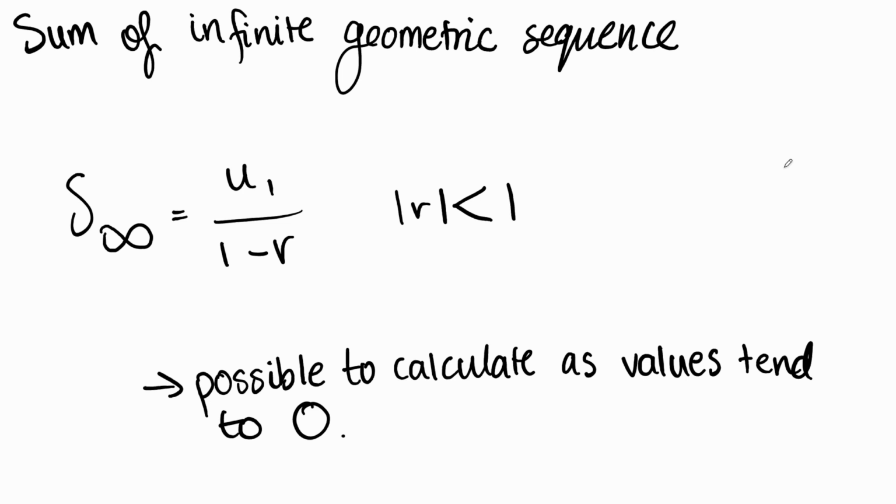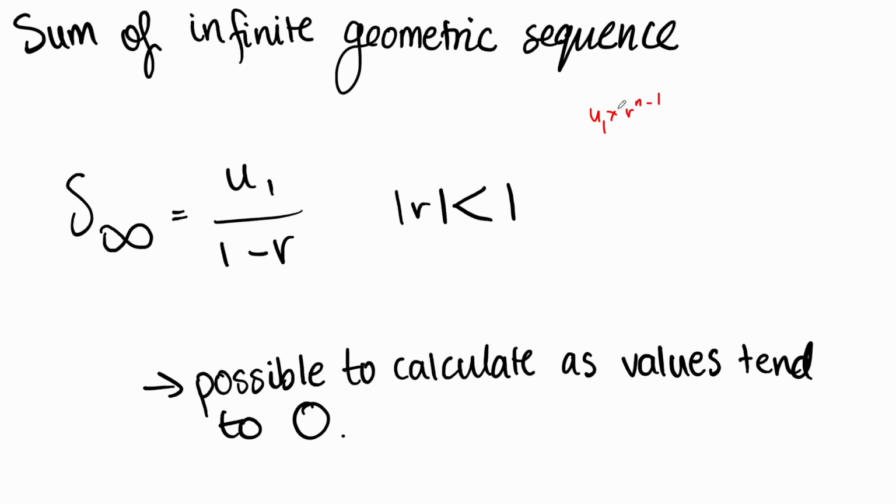Now, the sum of an infinite geometric sequence. This only works if the ratio is between -1 and 1. If you imagine a series like this, you have u1 times the ratio to the power of n - 1.